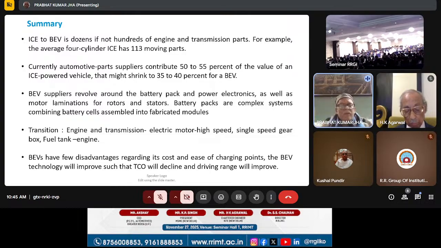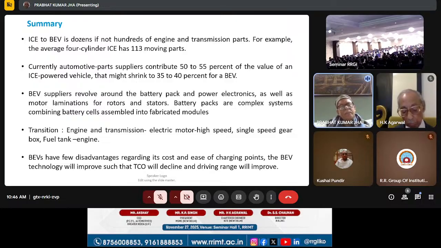Then if you want to summarize all these things, IC to BEV removes dozens, if not hundreds, of engine and transmission parts. For example, the average 4-cylinder has 113 moving parts. Currently, automotive parts suppliers contribute 50 to 55% of the value of an IC powered vehicle, which might shrink to 35 to 40% of a BEV.